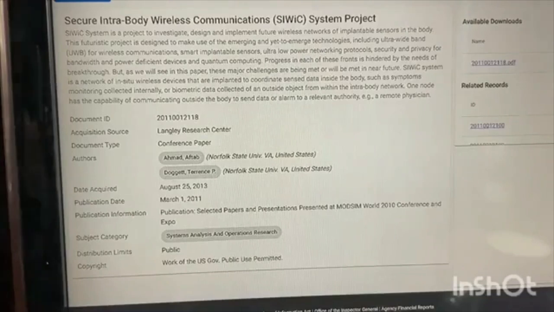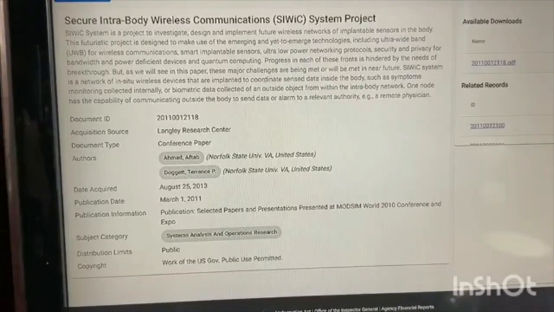The Secure Intrabody Wireless Communication System is a network of in situ, in vivo, in place of origin, wireless devices that are implanted to coordinate sensed data inside the body, such as symptoms monitoring collected internally or biometrics collected of an outside object from within the intra-body network.